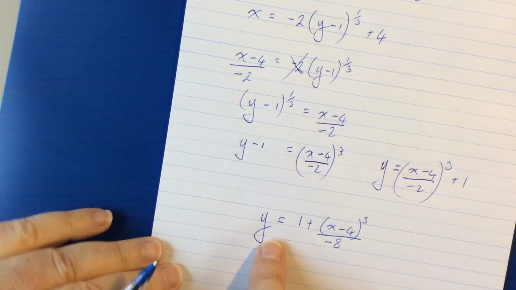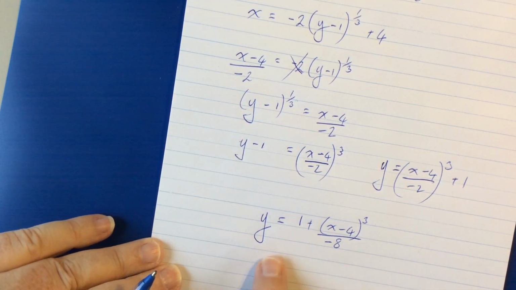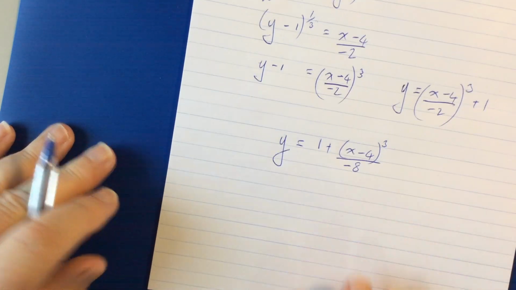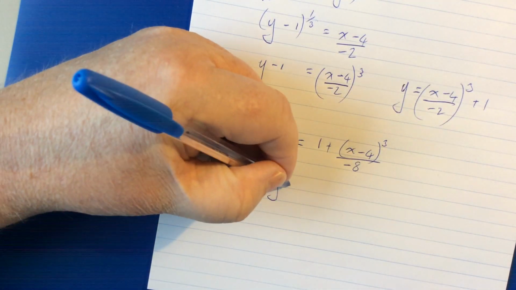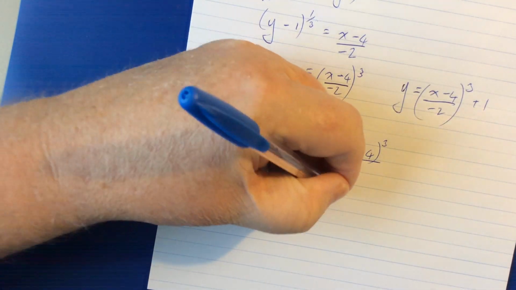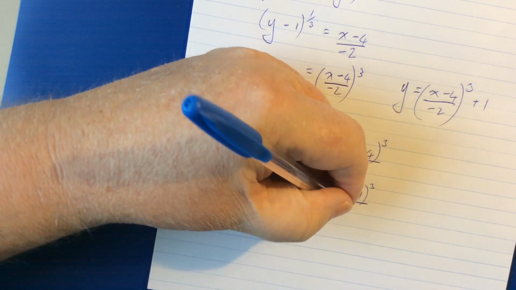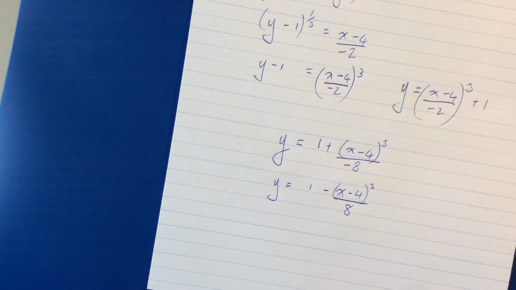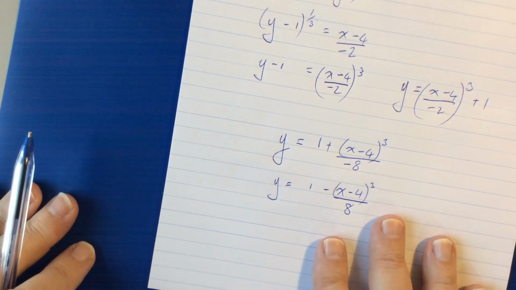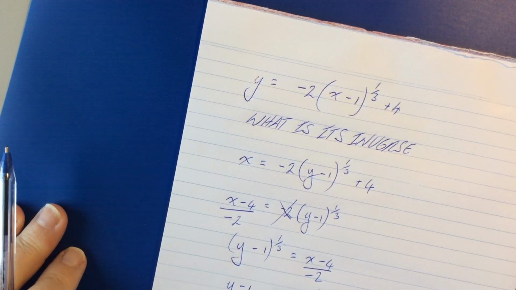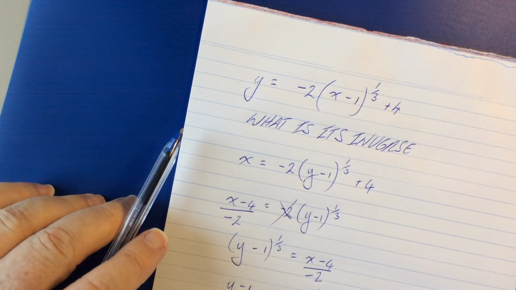So I can write this as this. I can do some further tidying up. And I hope you can see how I reached this answer. Anyway, that is the inverse of this function up here.